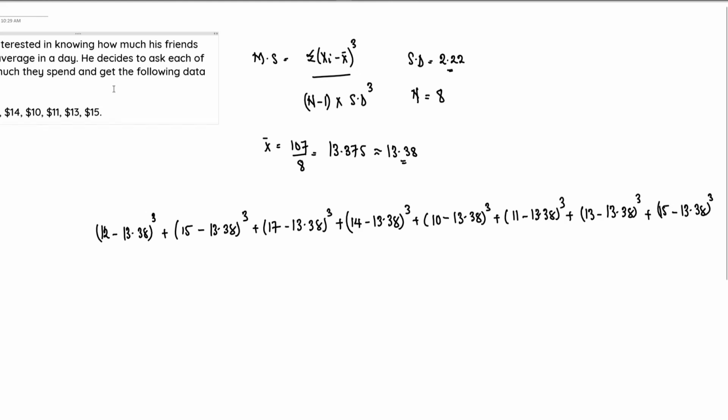And now the next step is for us to use our calculator to do the math we have right here. So we have 12 minus 13.38 raised to the power of 3, and we have our answer to 2 decimal places to be minus 2.63, plus. Let's do the next one: 15 minus 13.38 all cube, and that is 4.25. So we do the rest that way.